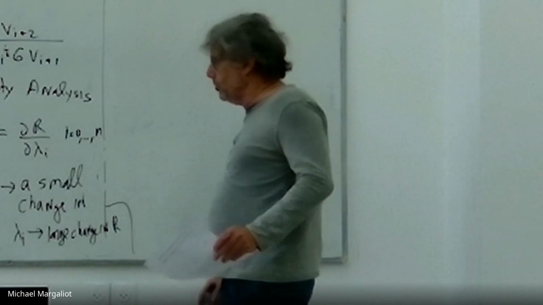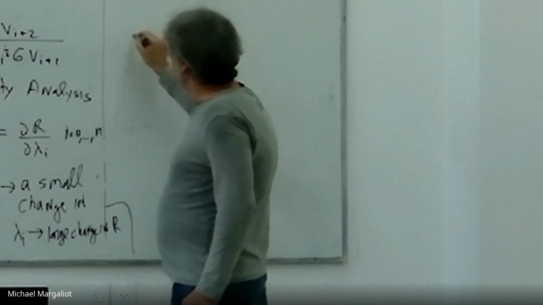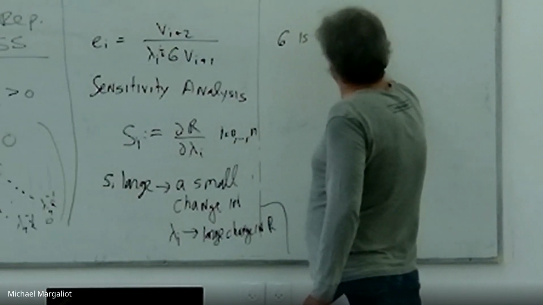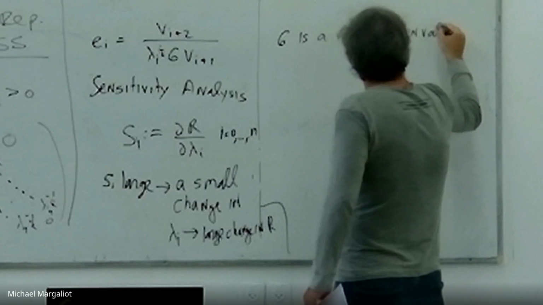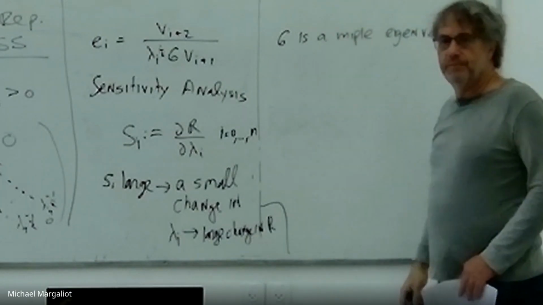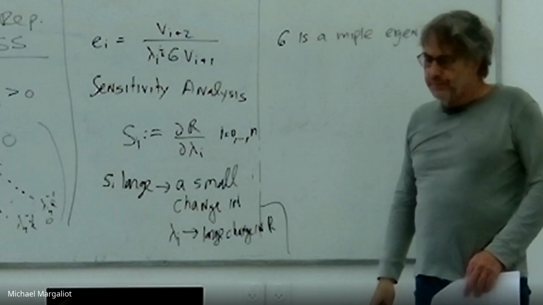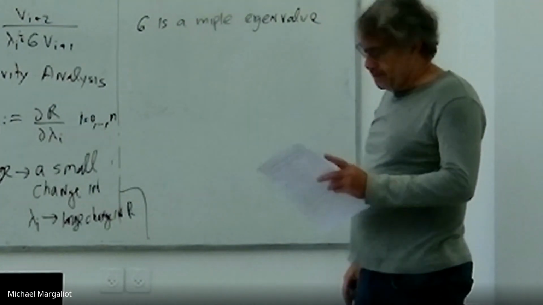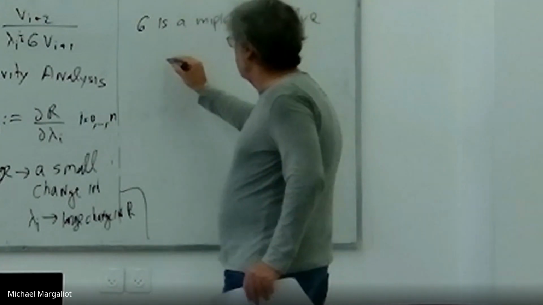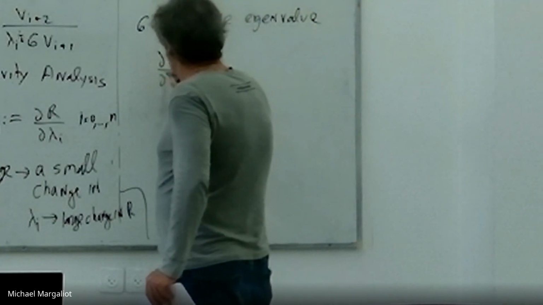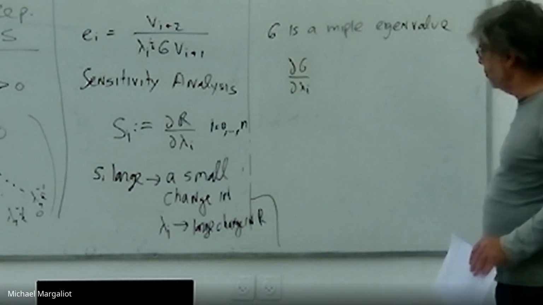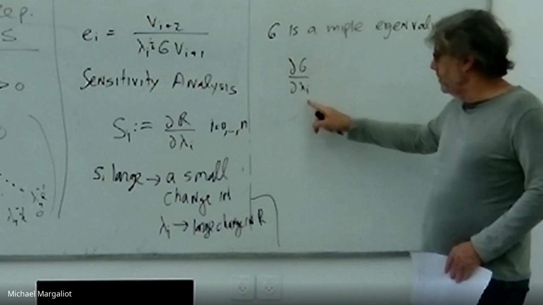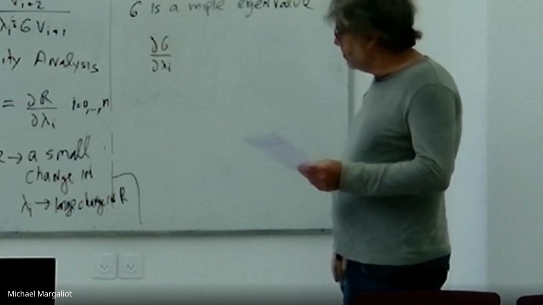Sigma is a simple eigenvalue. Simple means that it appears with multiplicity 1. And in this case, sigma is actually a differentiable function of the lambda i's. It is not only continuous in the lambda i's, it is also differentiable.